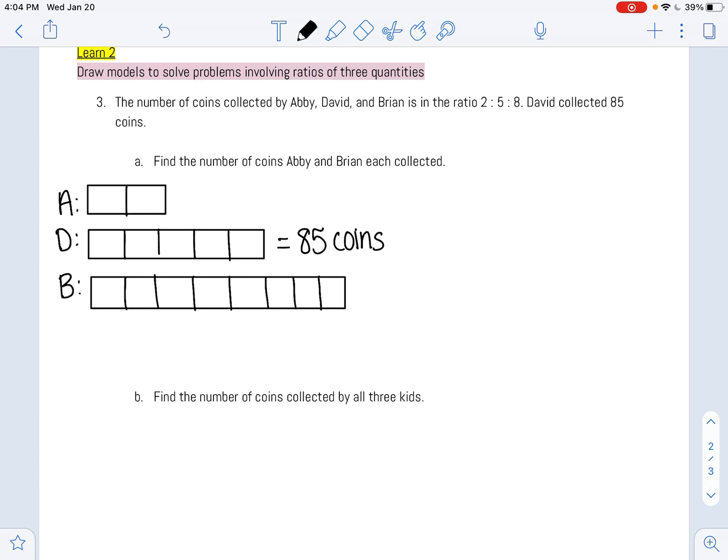This is a part. If we know David's total and also his units, we can use that information to help us find Abby's and Brian's. So for David, he has 1, 2, 3, 4, 5 units that equal 85 coins.